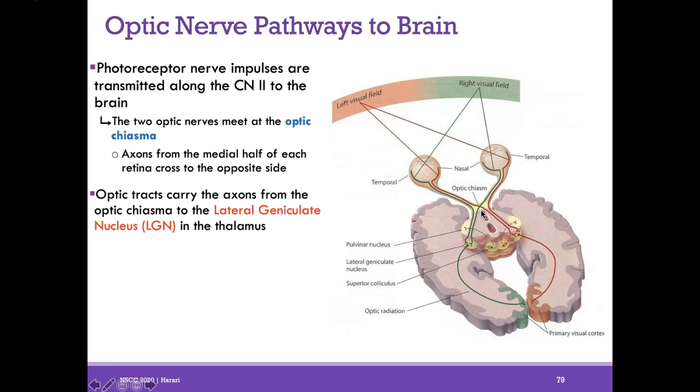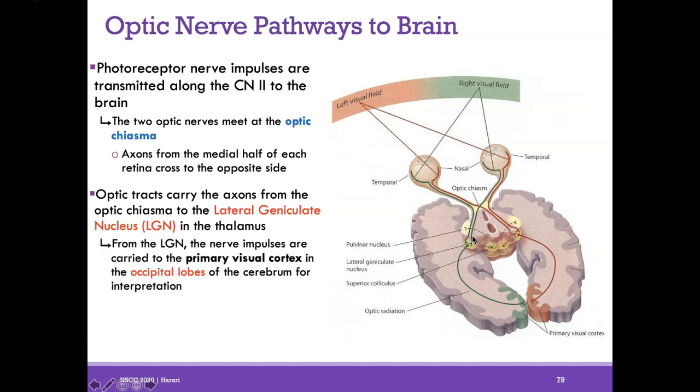So it goes to the thalamus first, and then the thalamus will relay that information to the occipital lobe, where the primary visual cortex will interpret what the light pattern detected was.